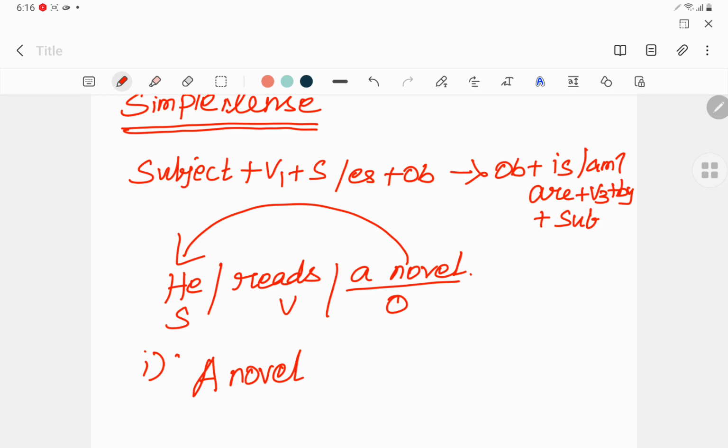A novel is. The third form of the root verb read is read. A novel is read. And then the most important thing is you want to add by before the subject. By he will change as him.